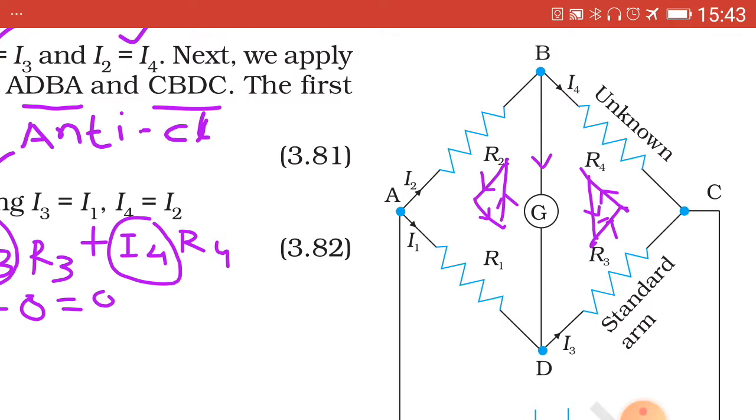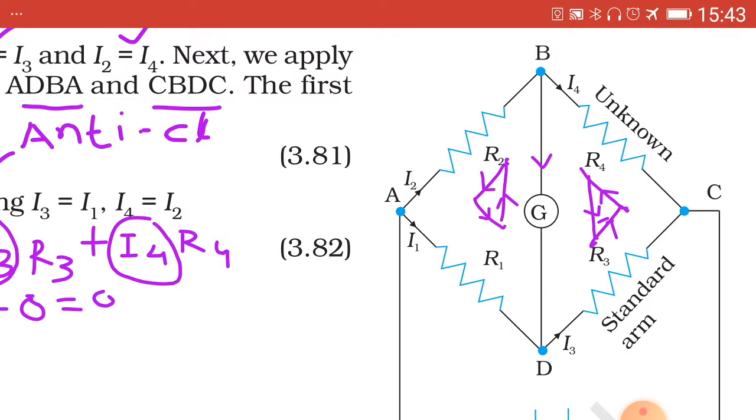Then from D to B, the same direction, so minus Ig G, where G is the internal resistance, but Ig equals 0, so it is not affecting.